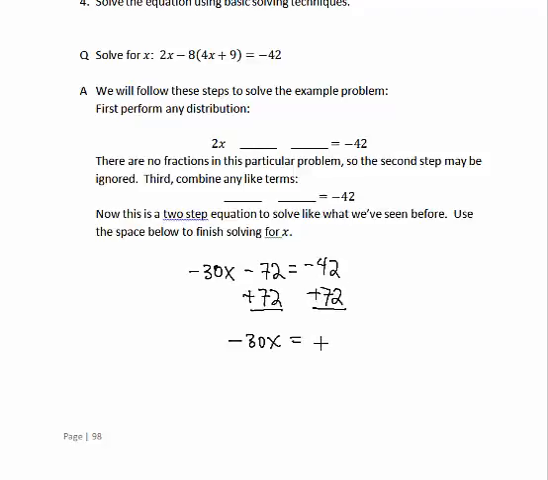Negative 42 plus 72 would give us a positive 30. The negative 30 is multiplying the x, so we do the opposite and divide by negative 30 on both sides. In the end we are left with x, and 30 divided by 30 is 1. We had one negative, so our answer in the end is negative 1.